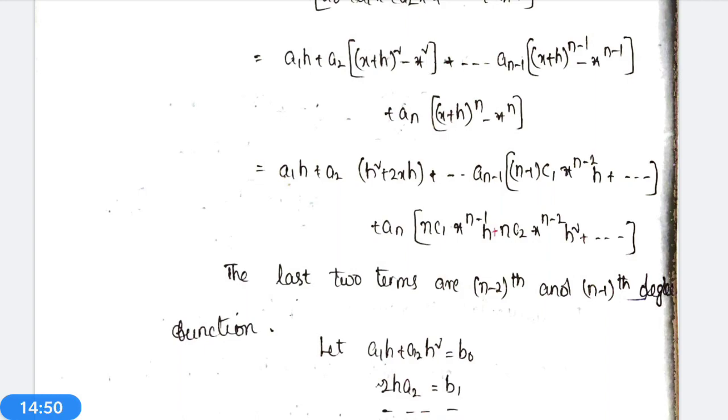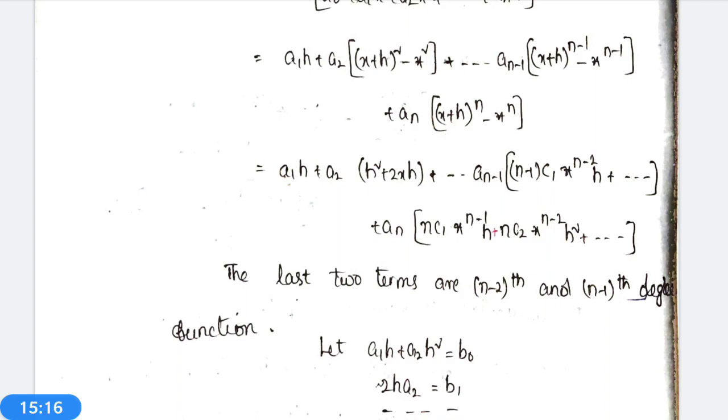Again applying the finite difference operator delta on equation 3, we get delta of delta fx. Delta of delta fx is equal to delta square fx by definition, which is delta of fx plus h minus delta fx.